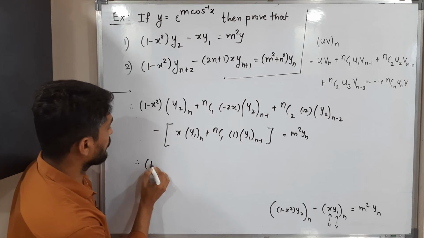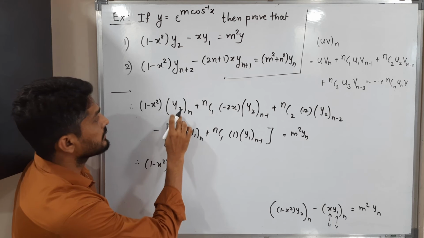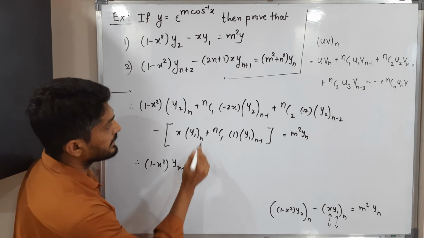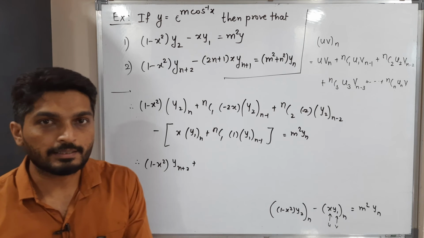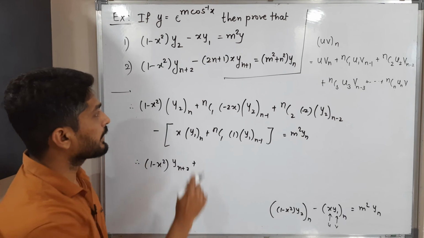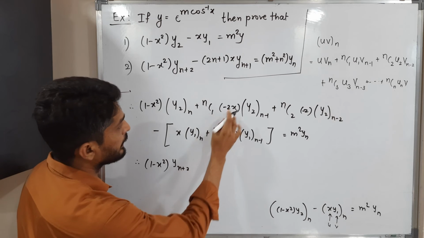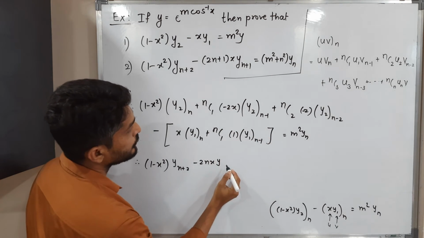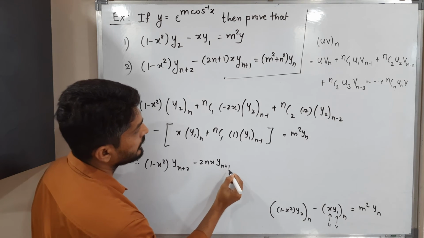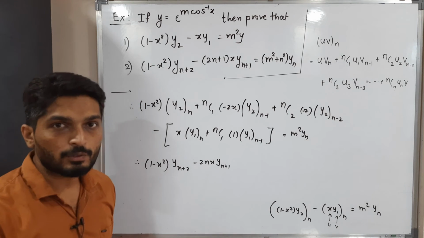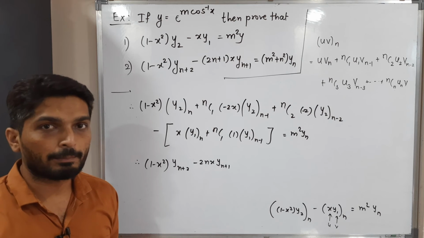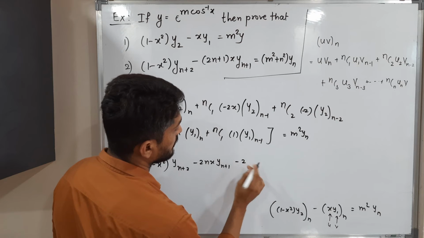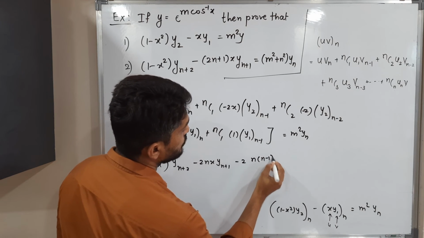So therefore (1 minus x square) y(n+2), simply we have to add, plus nC1, its value we have already seen in previous video, its value is n. So if you multiply by minus 2x, minus 2nx y, simply you have to add, so 2 plus n minus 1, that means n plus 1. nC2, in previous video we have seen its value is n into n minus 1 by 2, so minus 2 I have written here, n into n minus 1 by 2.